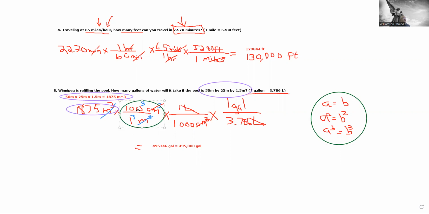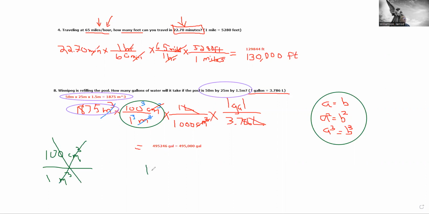You have to make sure that you cube the numbers in here. Don't write 100 centimeters cubed is 1 meter cubed. This is wrong. Don't write this. That's very bad.